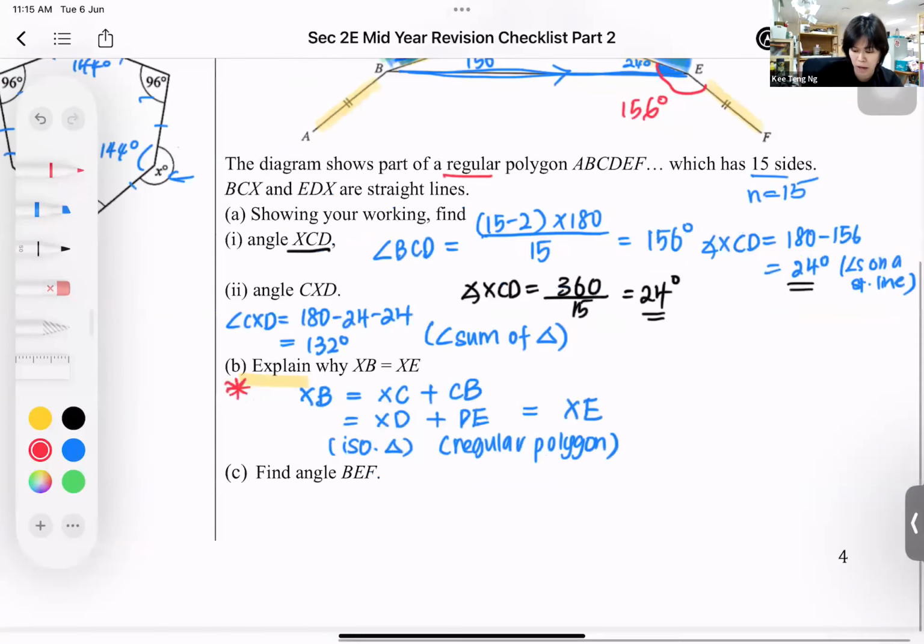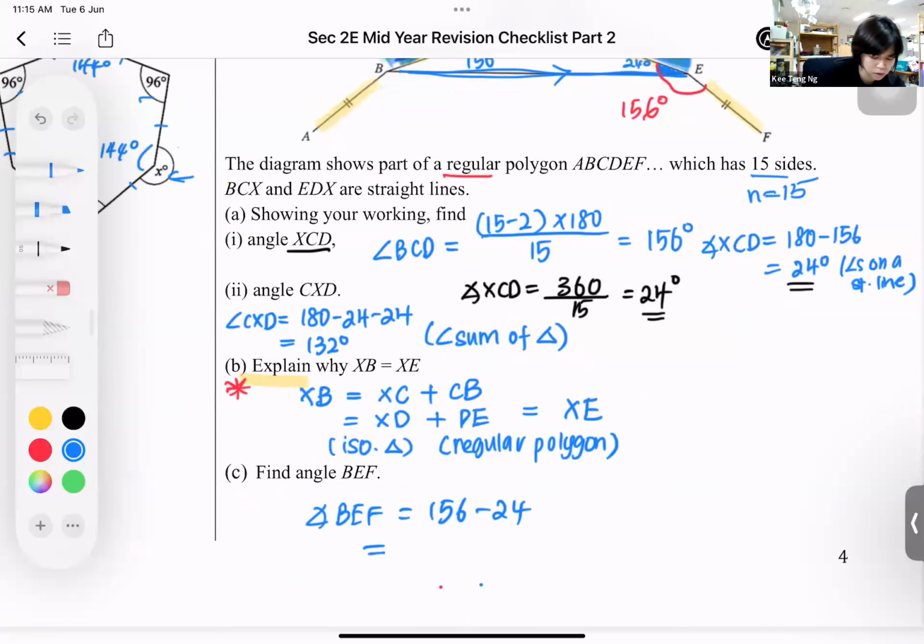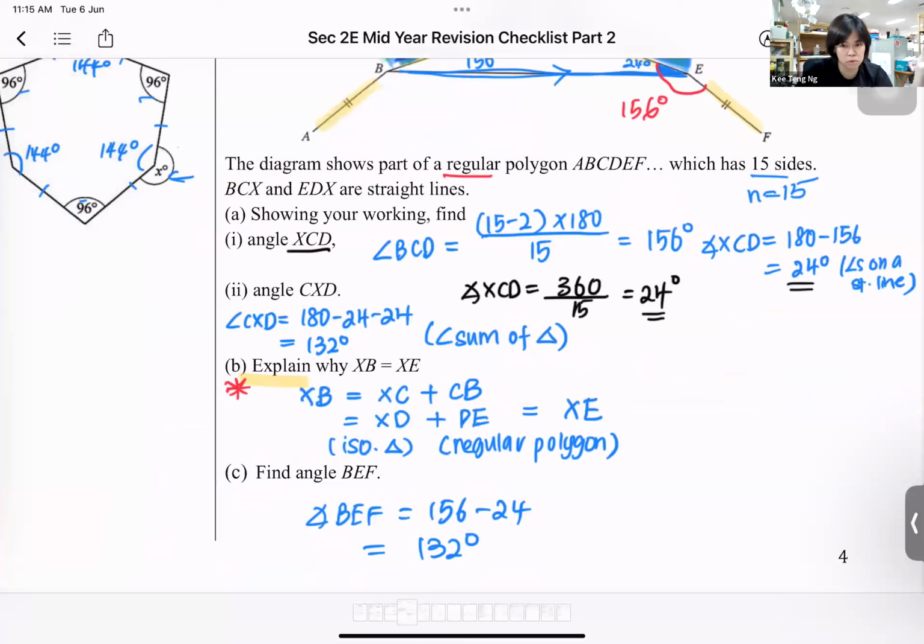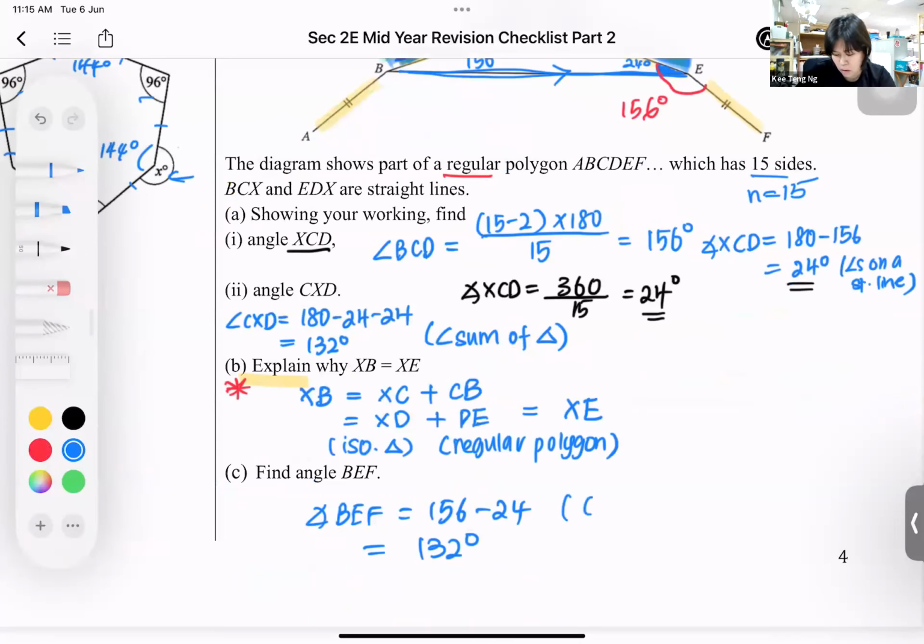And then you can find angle BEF to be 156 minus 24 degrees, 132 degrees. This one has not much reasoning. If I want to write, then maybe I'll add: corresponding angles on parallel lines.